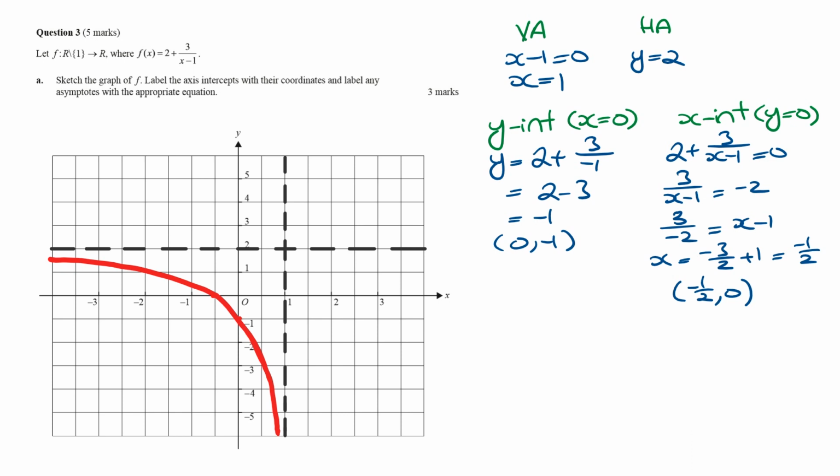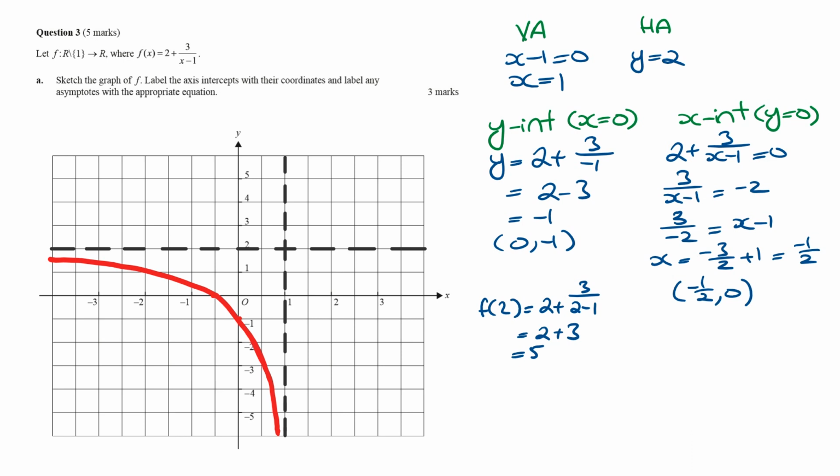And so f of 2 is going to be 2 plus 3 on 2 minus 1, which is 2 plus 3, which is equal to 5.